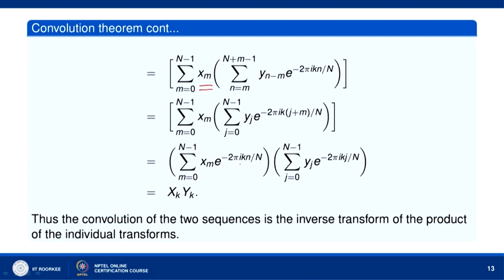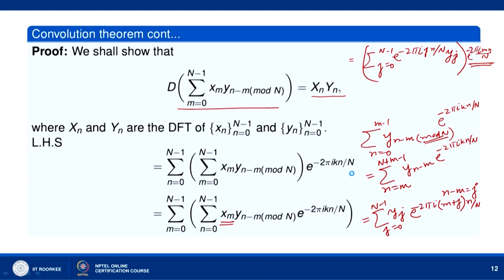What we have put here is j, right. So, when we put j here, I get this sum as the sum over j equal to 0 to N minus 1 of y j e to the power minus 2 pi i k j by N. Where are we getting k j?